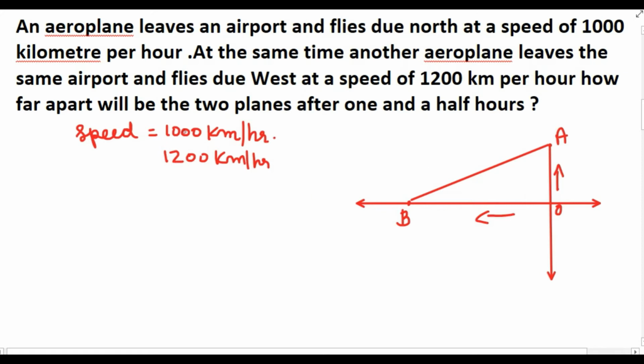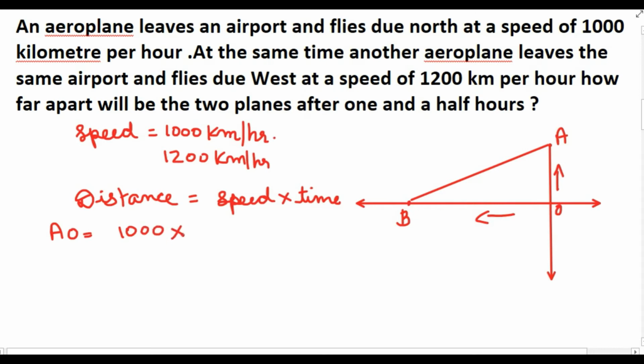Since here it is given in terms of speed, we need to find out in terms of distance. Distance formula we know, it is speed into time. Here speed we have, time also it is given as 1.5 hours. So I'll find first the distance AO. AO is 1000, the speed, into time 1.5 hours. 1.5 hours means it is 3 by 2.